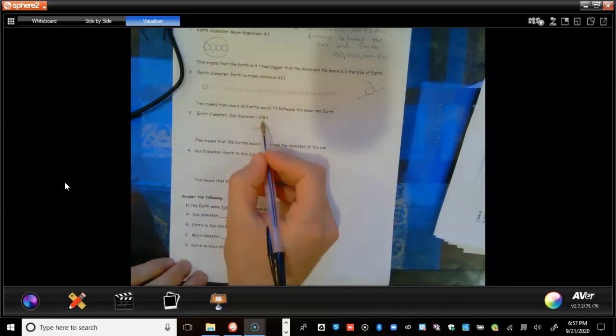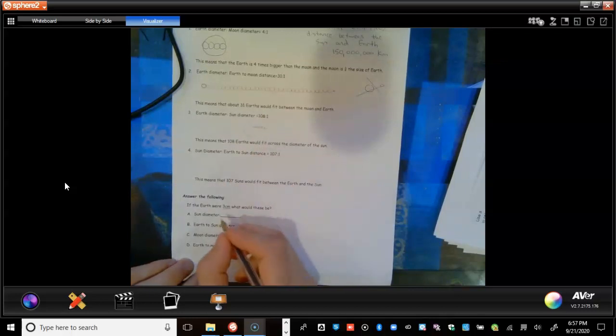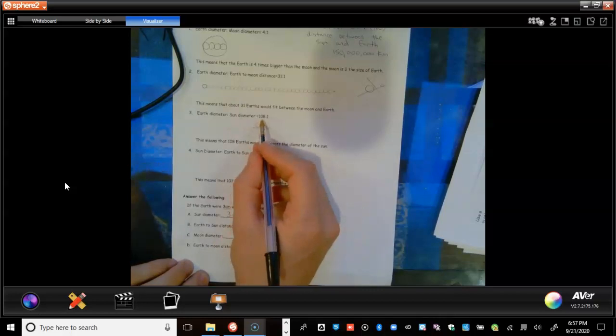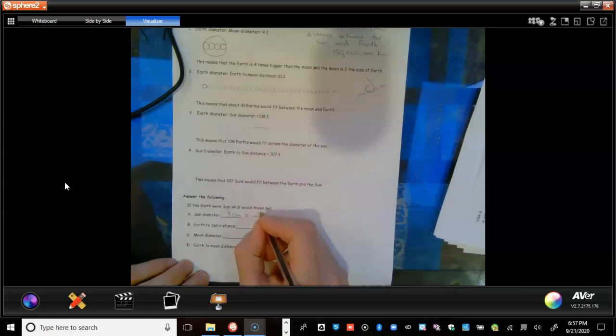So that's our ratio that we're going to be using. And the Earth is 3 centimeters. So I'm going to write down 3 centimeters times 108 Earths per 1 sun.